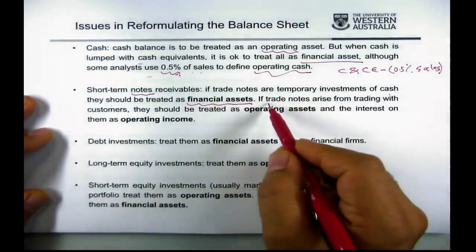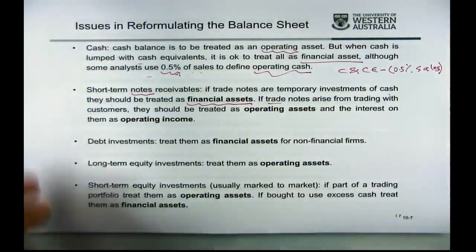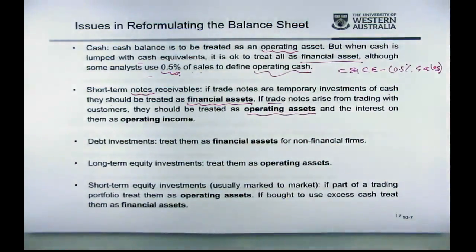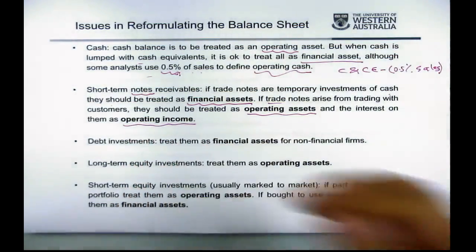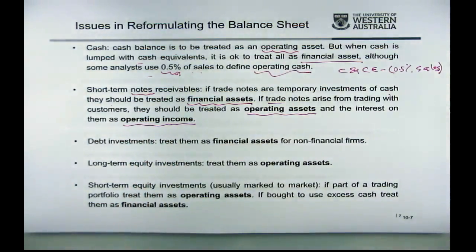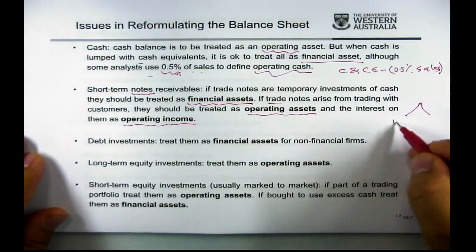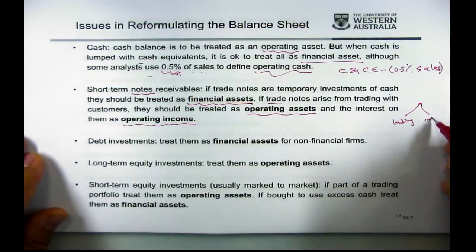But if these notes arise because of trading with customers, in this case they should be treated as operating assets, and the interest on them should be treated as operating income. So remember, notes could arise because of lending or dealing with customers when we sell on credit.